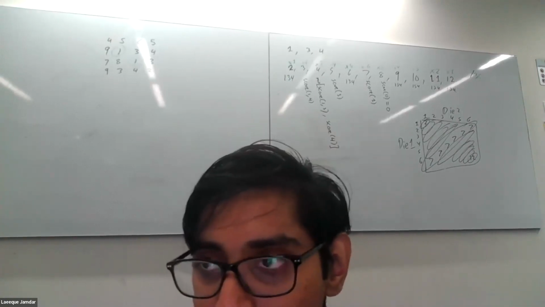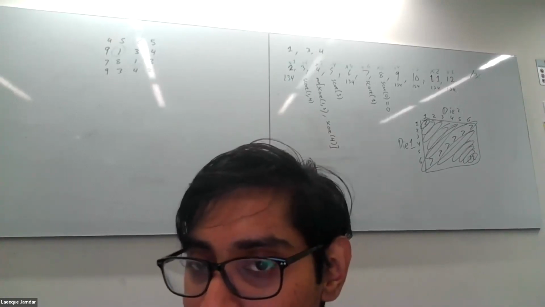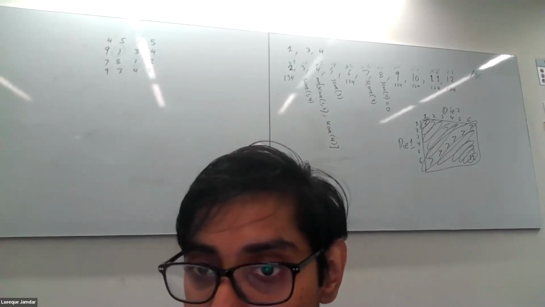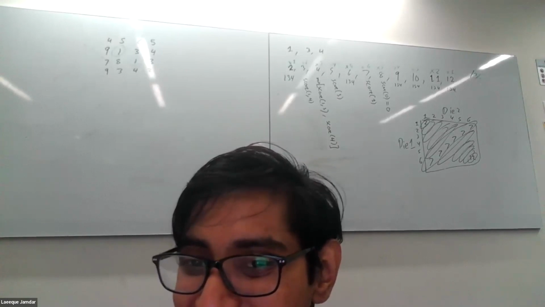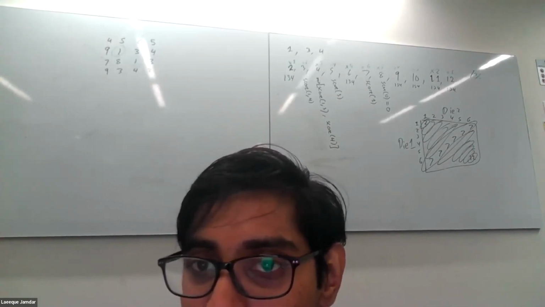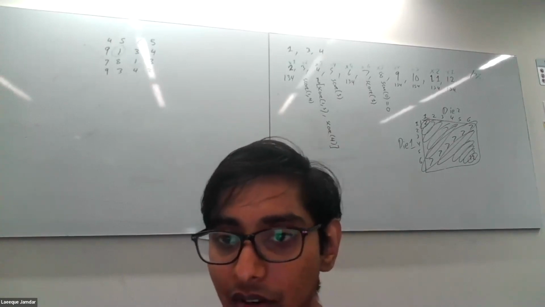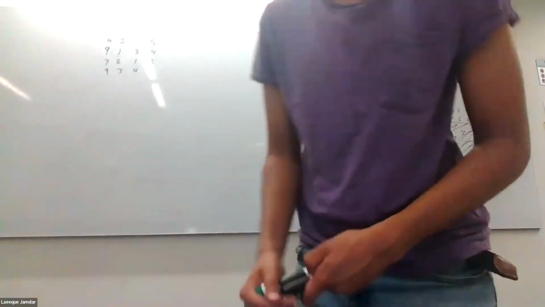So I'll let Angus do F, and then, similar problem with L. I'll let Angus do F, and then I'll try helping people debug the problems that they were having.